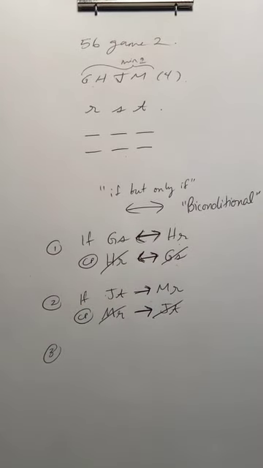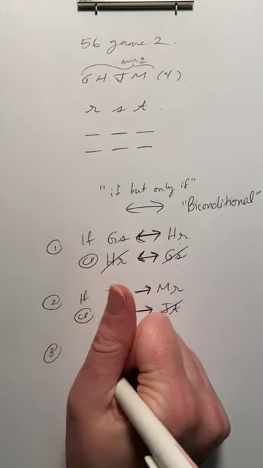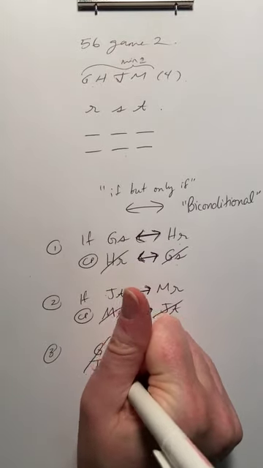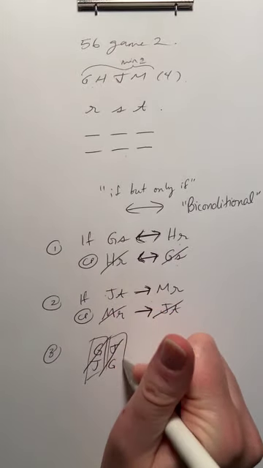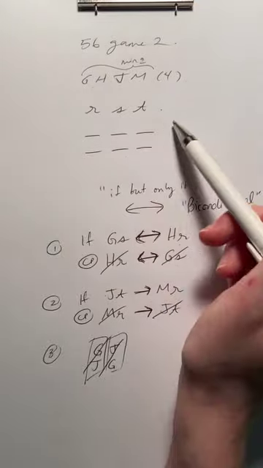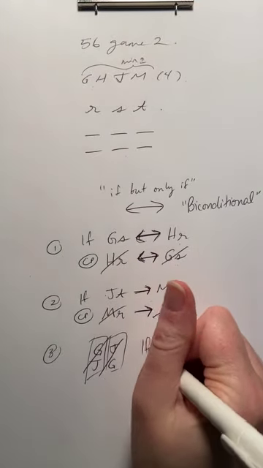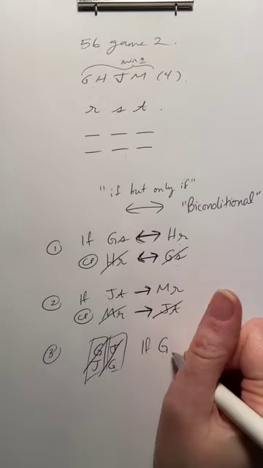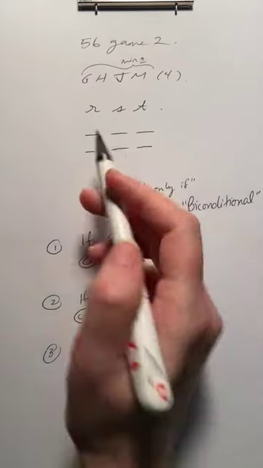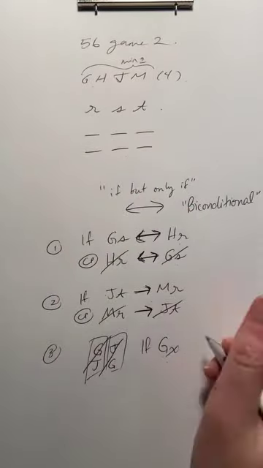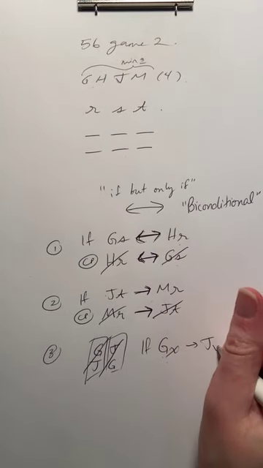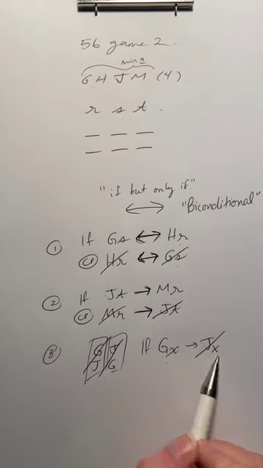3. No piece of furniture is moved by Grace and Josh together. So we could just say we're never going to see them in this orientation in our table. We could also say if G helps move X, that's a stand-in for furniture, then J does not help move that.